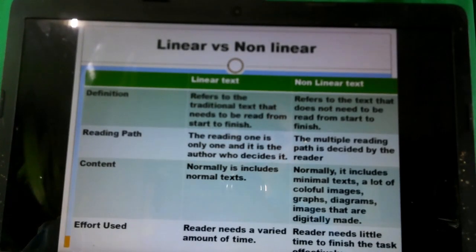How about the effort used in the reading path in linear text? The reader needs a varied amount of time. While in the nonlinear text, the reader needs little time to finish the task effectively. So it's not easy for the nonlinear text to be analyzed.